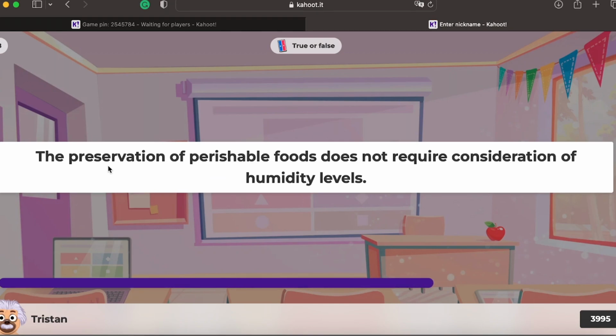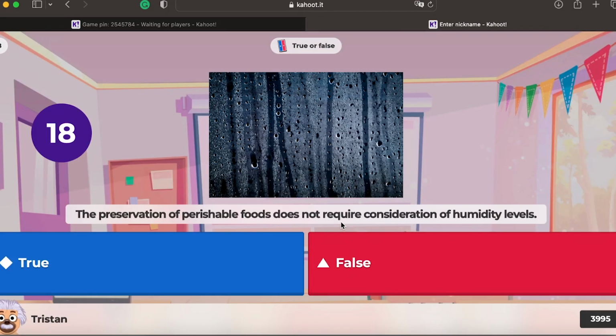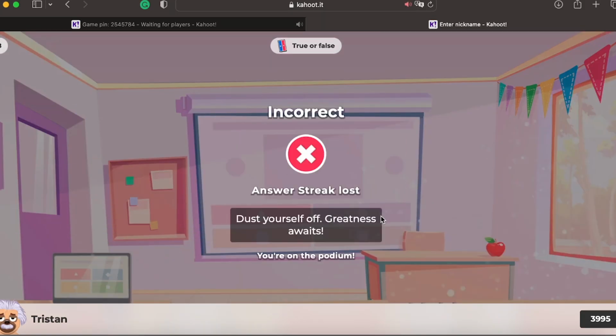The preservation of perishable food does not require consideration of humidity level. It requires it, I think, so it's true. No? Okay, we will check about that later.